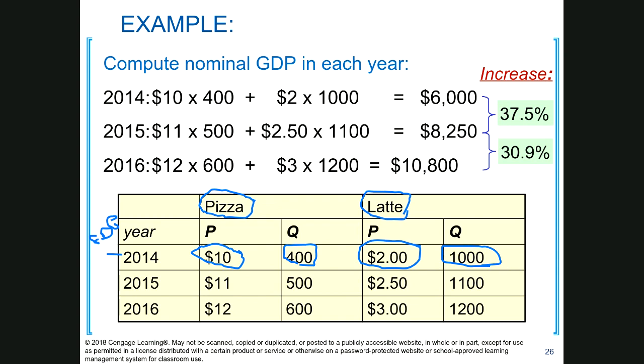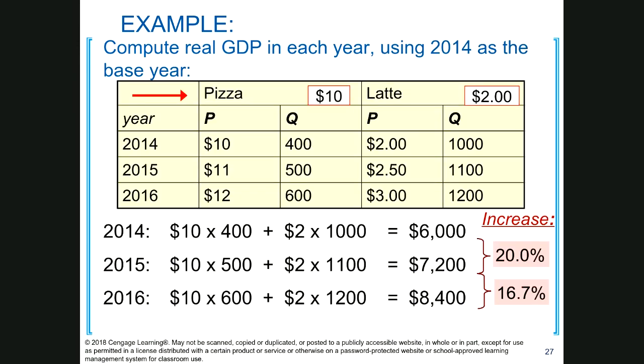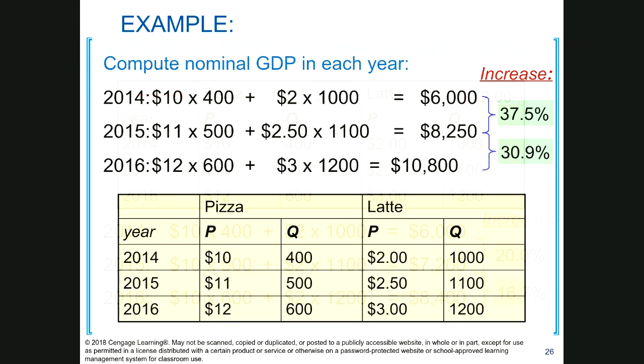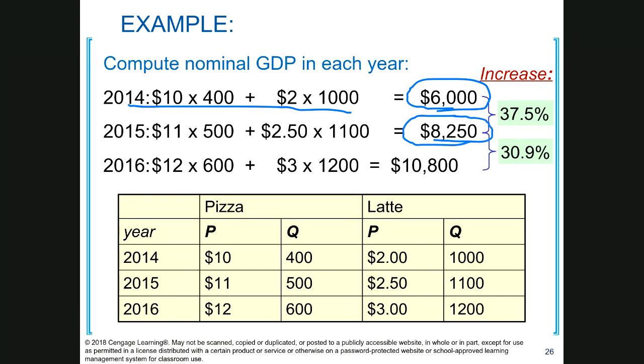You add them up together. It says, okay, in 2014 we had $6,000 worth of goods and services that the community produced. Then you do the same thing for 2015 and 2016, and we come up with 6,000 in 2014, 8,250 for the following year, which is 15, and 10,800 for 2016.